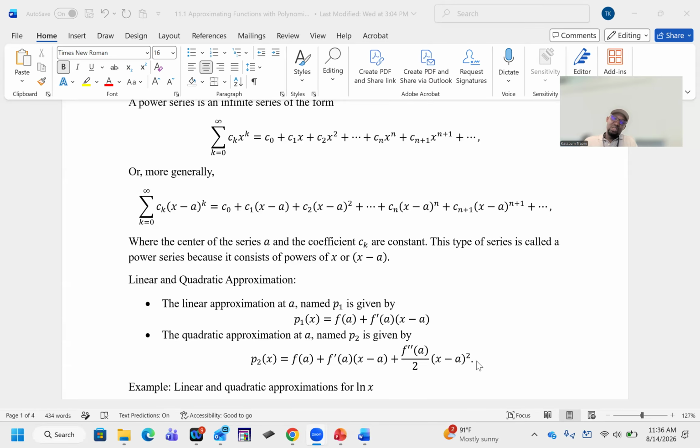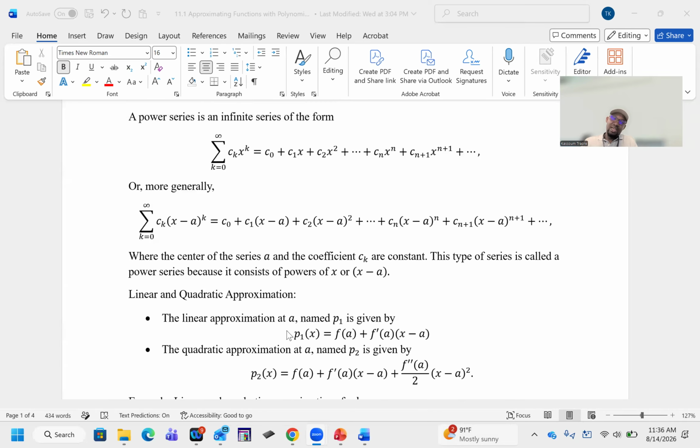So the linear approximation at a, named P sub 1, is given by P sub 1 of x equals f of a plus f prime of a times x minus a. So this is just like linearization in calculus 1.